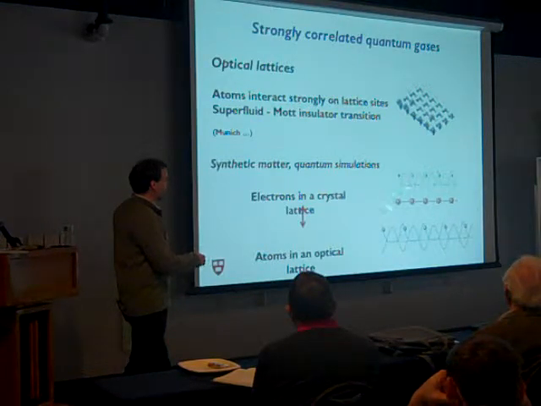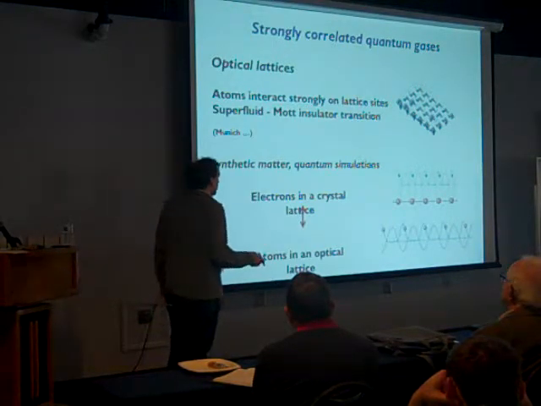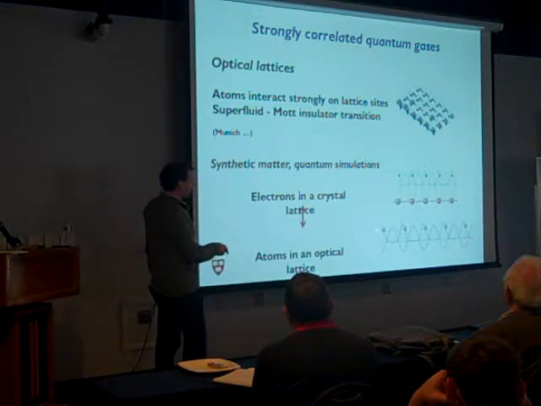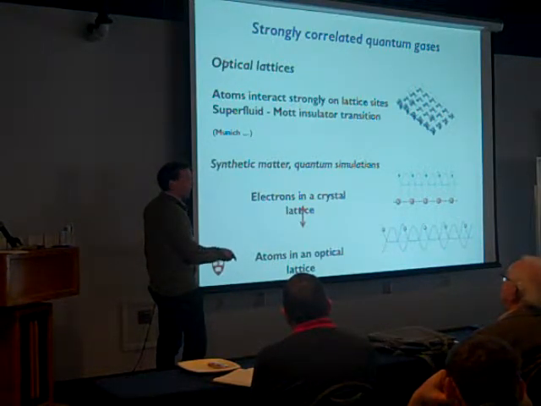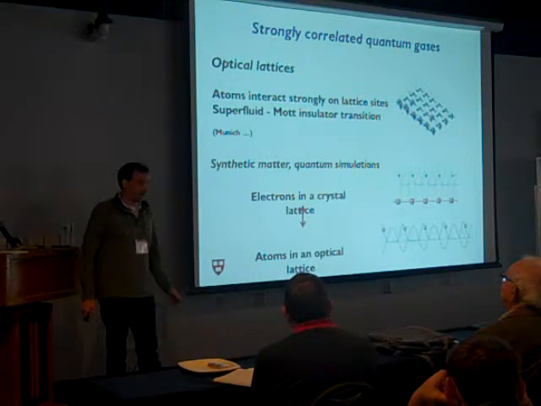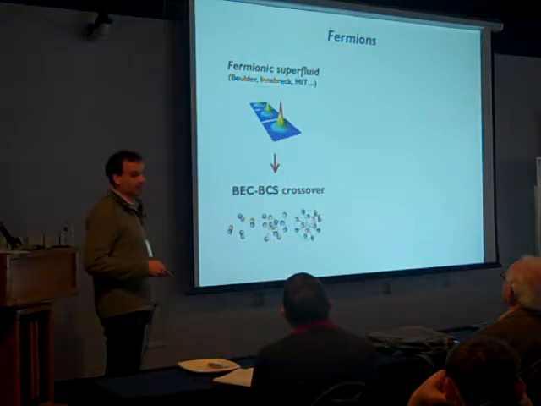So you have the ions in the crystal and the electron gas that lives in that potential landscape. We now have this analogy where our atoms play the part of the electrons or the Cooper pairs. And our periodic potential landscape is not given by these electric charges, but instead by an optical light field, periodic, like a standing wave. I'll come back to that later.